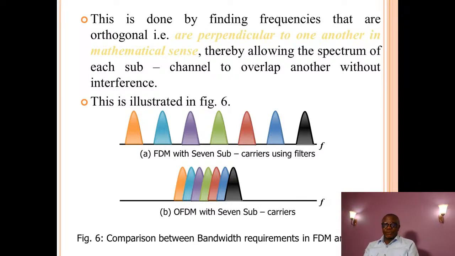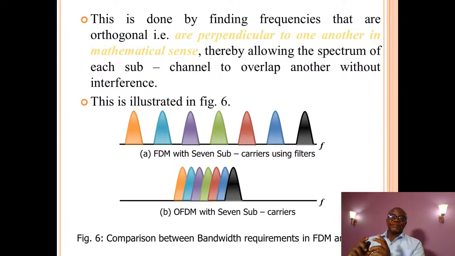Let's bring this home, for us to quickly understand it. What I try to do here is, if you look at this 6A, you will see we have 7 channels. We're having different colors: orange, light blue, purple, green, brown, sky blue, black.